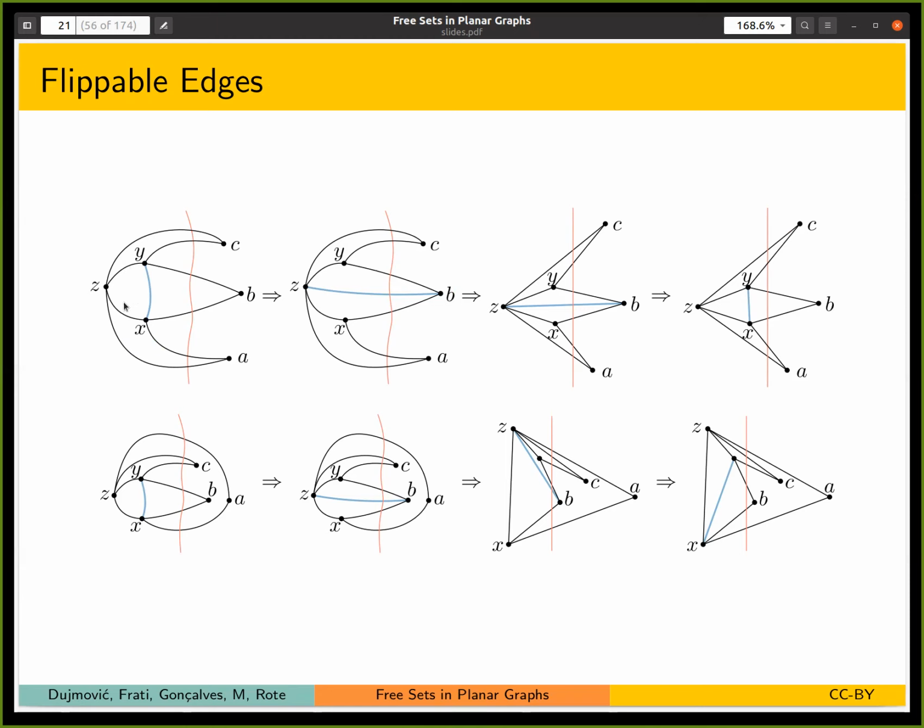When that happens, it's safe to flip that edge, apply induction, and what you're certain about is that in the embedding that you get inductively, the two faces incident to that edge form a convex quadrilateral, which means you can flip this edge back to what it should be to get the drawing you want.